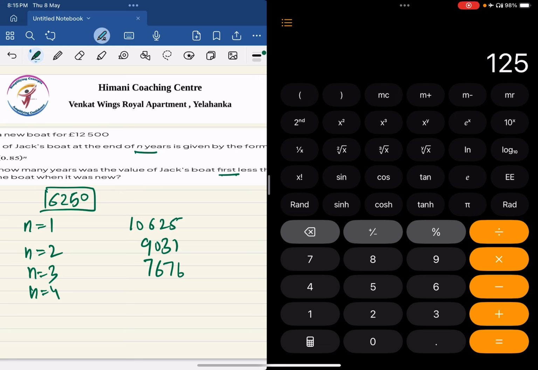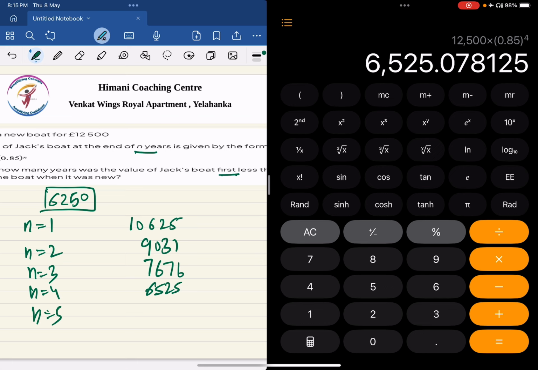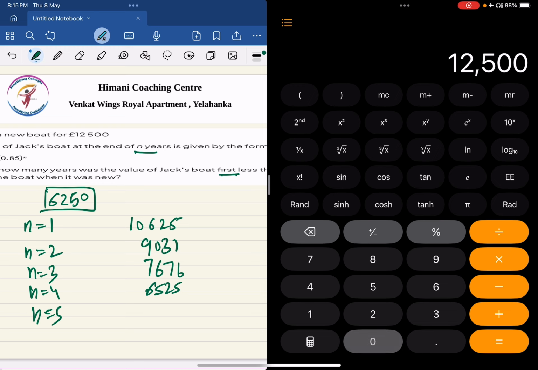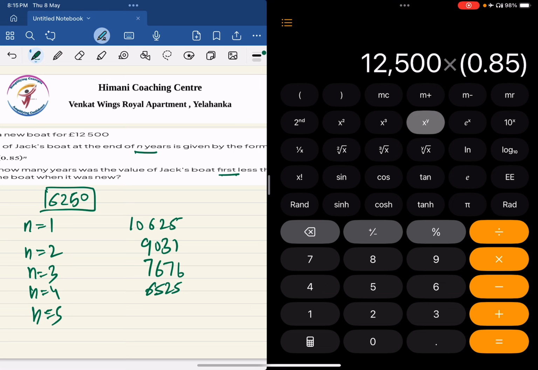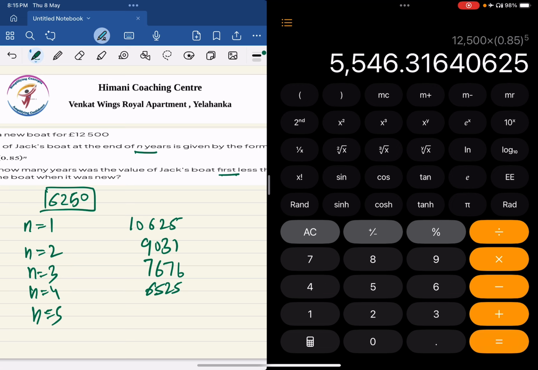So 12,500 times 0.85 to the power 4 gives us 6525, still bigger. Now we can see that n should be equal to 5. We can do this, but we know that this should be the answer. So 12,500 times 0.85 to the power 5, and now the value is 5546, which is less than half the value of the boat, which is what the question said.